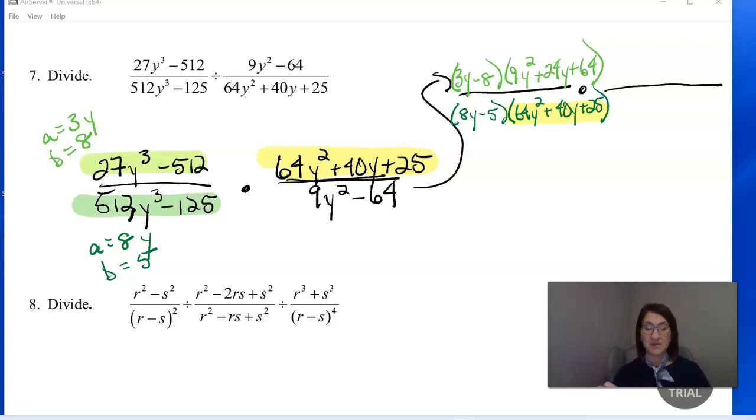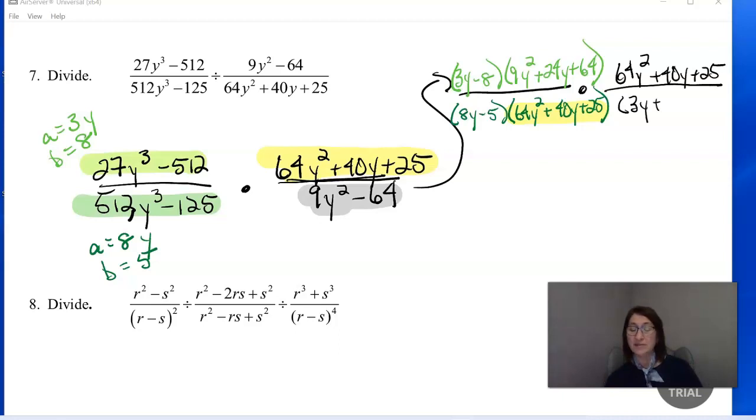So that is going to be over here, 64y squared plus 40y plus 25. And then my denominator is simply a difference of two squares. And so that's going to be 3y plus 8, 3y minus 8.